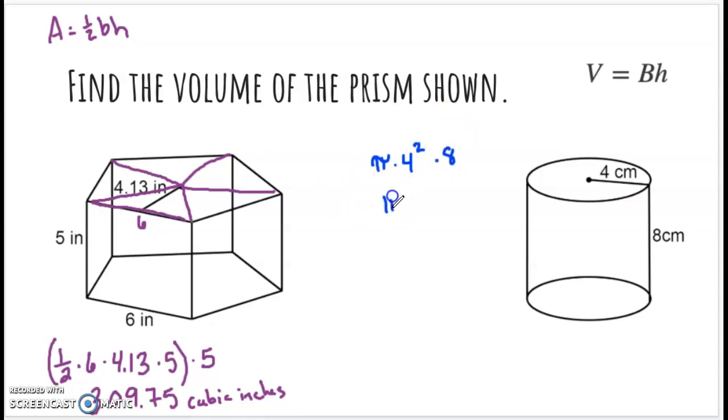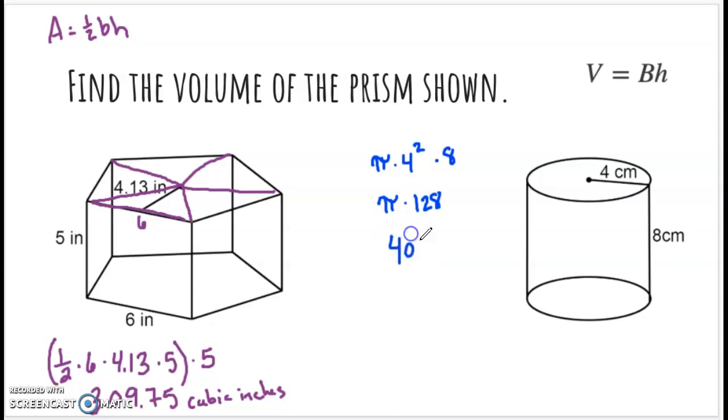Okay, I can grab my calculator. I know I'm going to do a 4 squared, which is 16, and then times 8 gives me 128. And then I can leave it as 128 pi to give a precise answer, or I could take that and multiply by pi and round my answer.